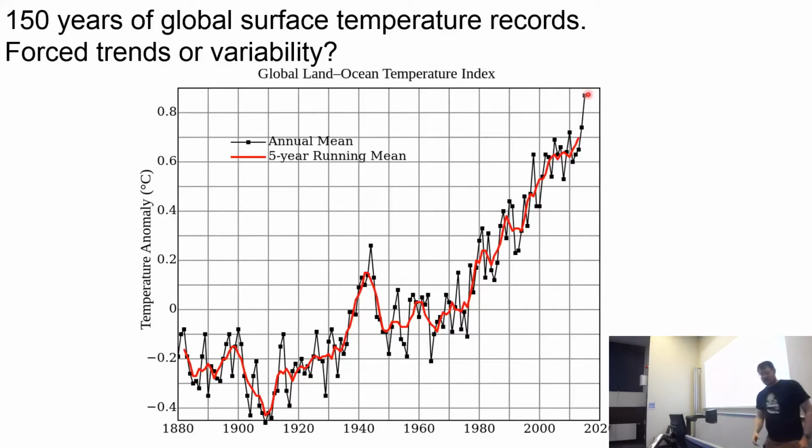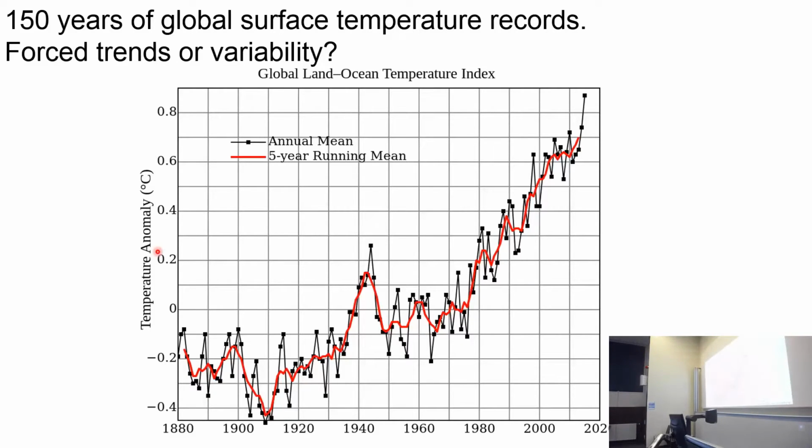Okay, so 0 is arbitrarily fixed at this point in the 1950s to 60s average. So we start off at about -2 and go up to 0.8. So this is the temperature anomaly. This is not the actual temperature. But we can see that we've experienced quite a lot of warming over this time period.